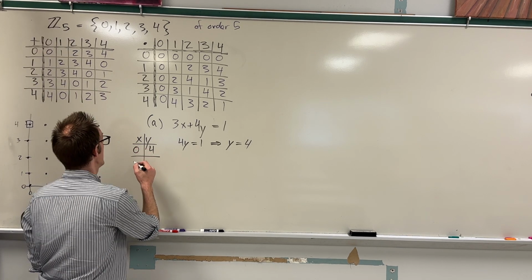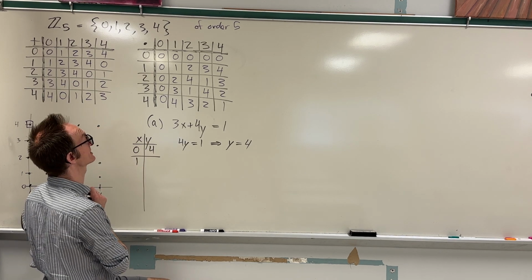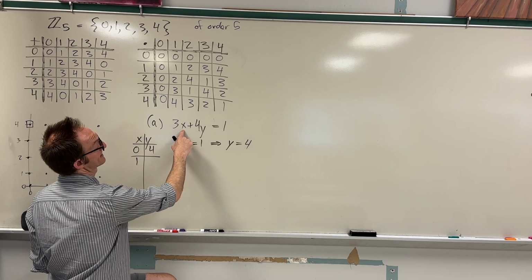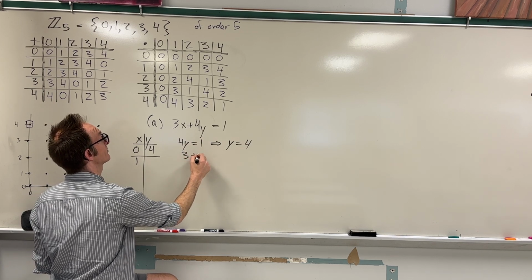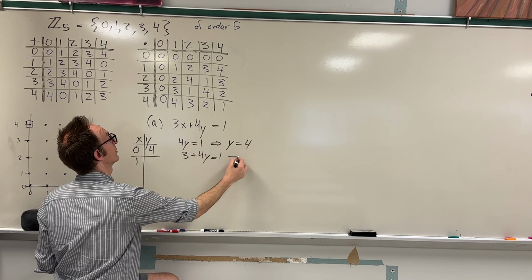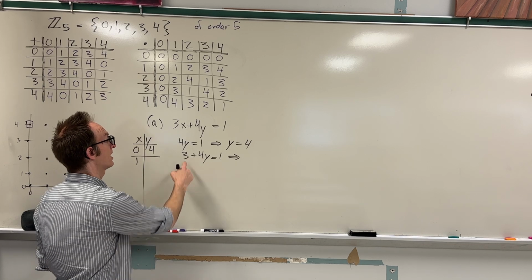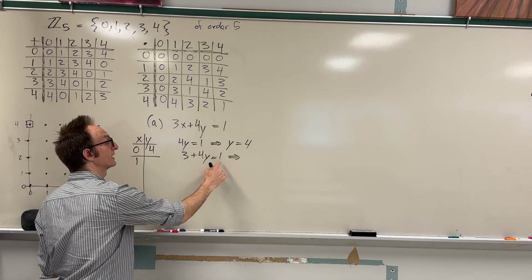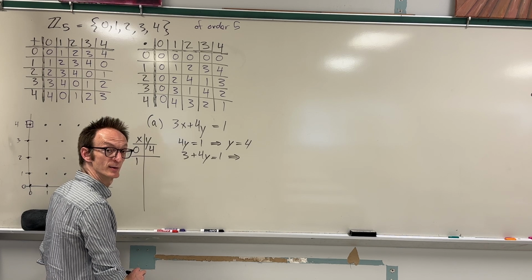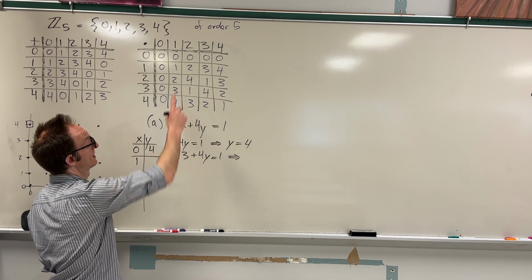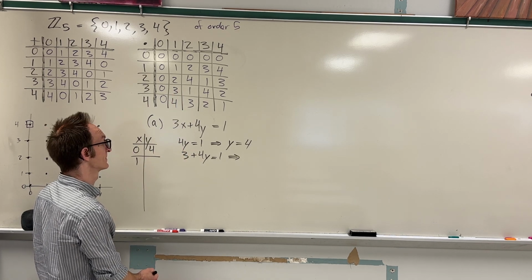Plug in 1. If you plug in 1 for x, then 3 times 1 is 3. So you get 3 plus 4y has to equal 1. Well, 3 plus what equals 1? Answer 3. 3 plus 3 is 1 in this world.